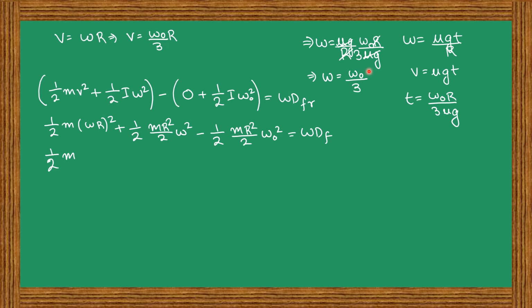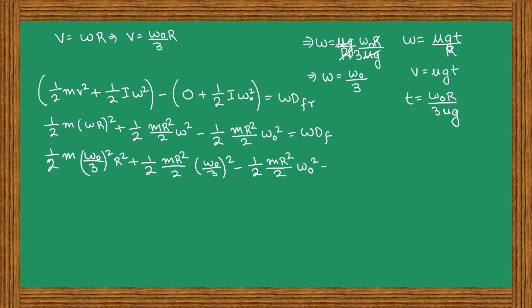What is the value of omega? The value of omega is nothing but omega naught by 3. So half m omega naught by 3 whole square into r square, plus half m r square by 2 into omega naught by 3 whole square, minus half m r square by 2 into omega naught square is equal to work done by friction.